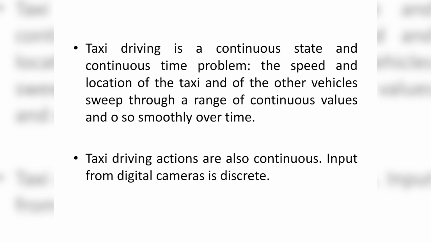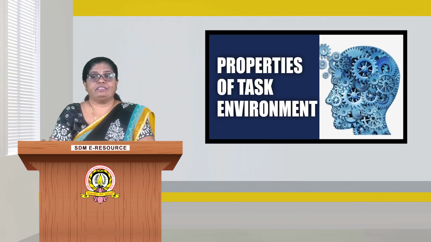The speed and the location of the taxi and other vehicles sweep through a range of continuous values smoothly over time. Taxi driving actions are also continuous. Input from a digital camera is discrete, so a digital camera is an example of a discrete environment.